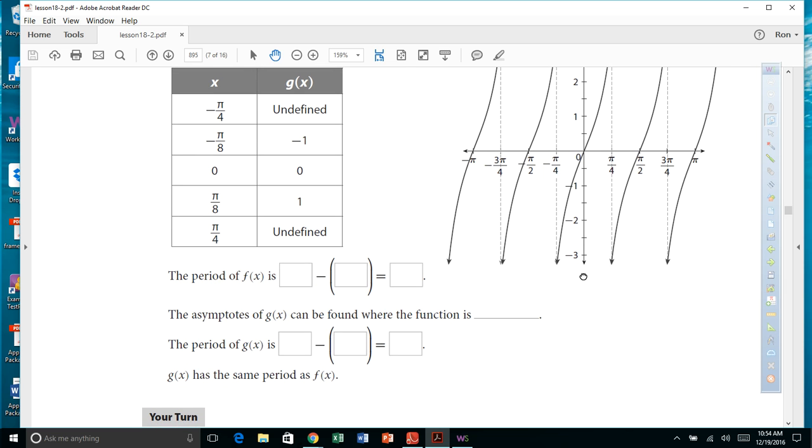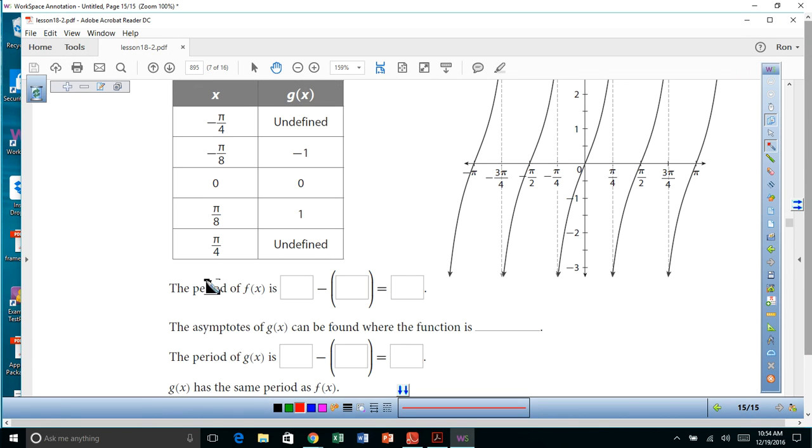So what do we got here? The period of f of x equals pi over 4 minus negative pi over 4. Okay, and 1/4 plus 1/4 is 1/2, so that's going to be pi over 2.